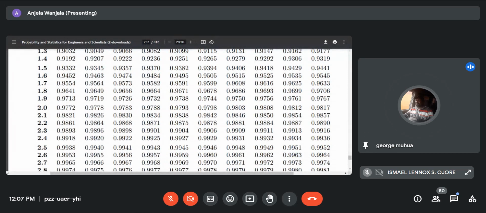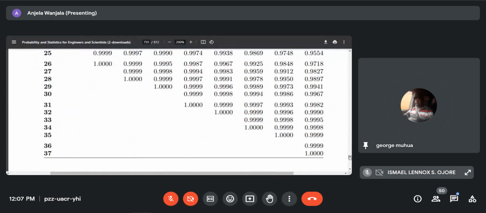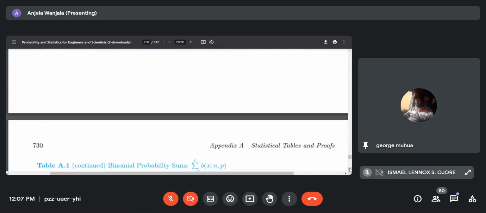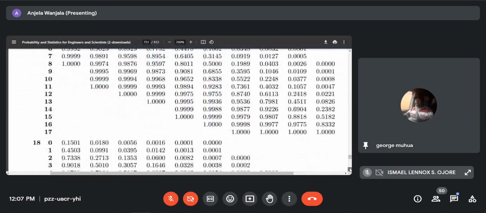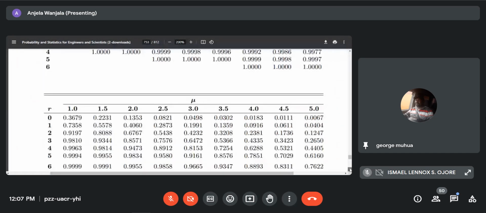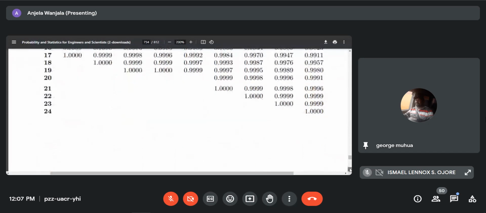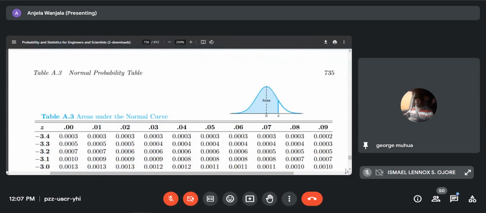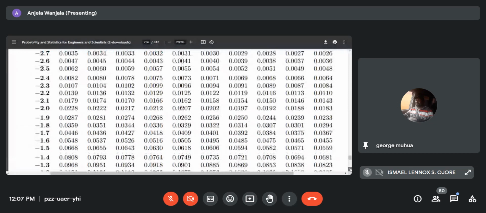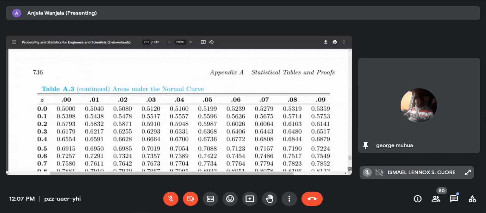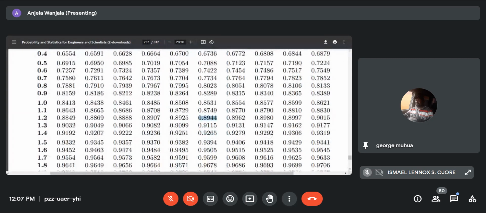Yes, you always have to have 2 decimals. So this being the column for 0.05, we go down up to where we have 2.7.